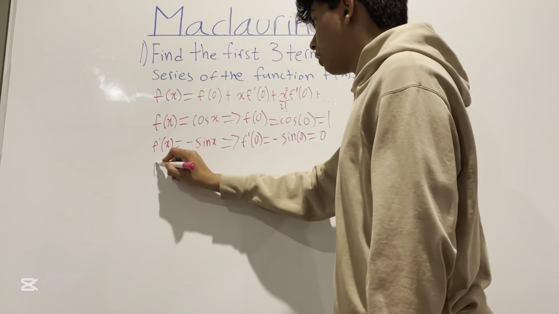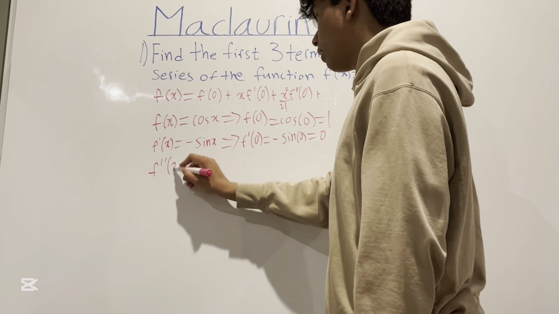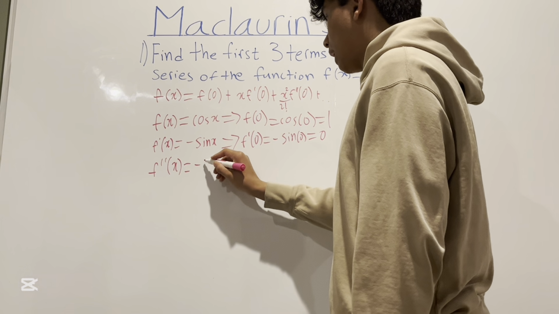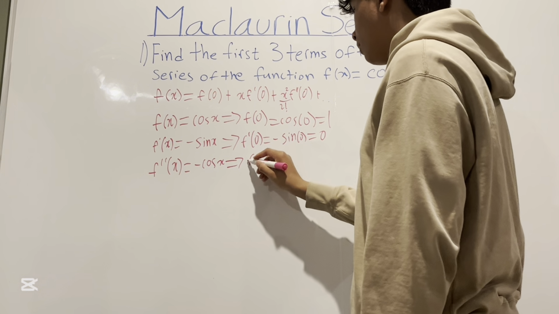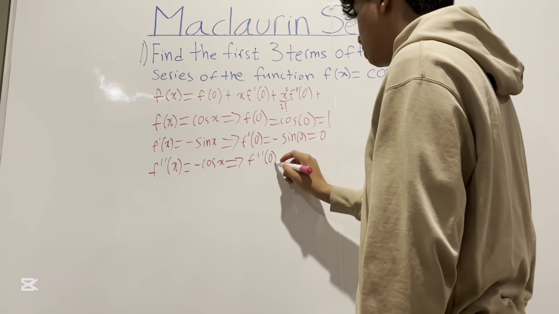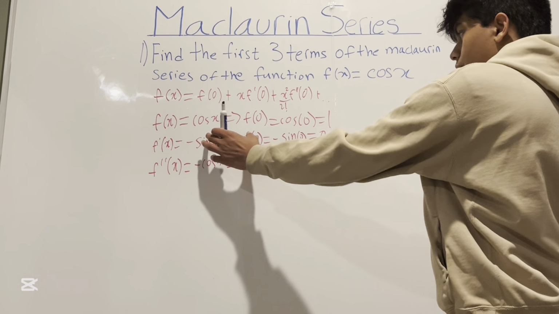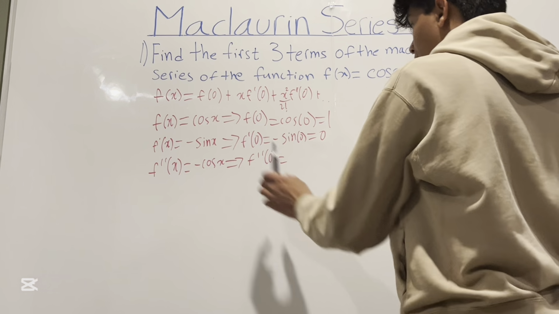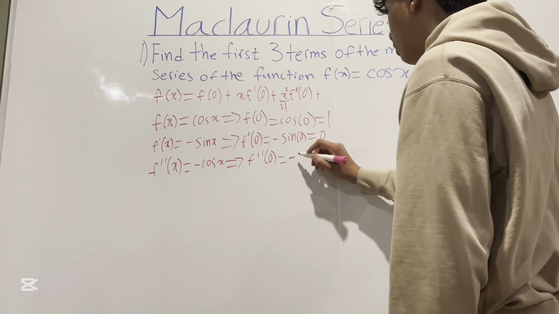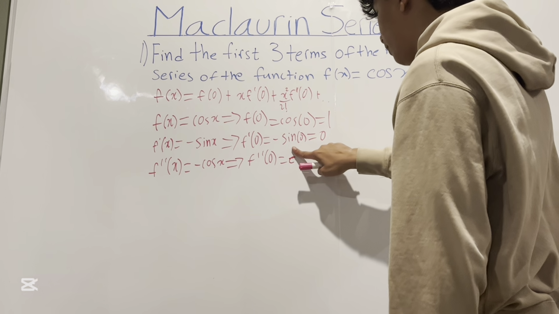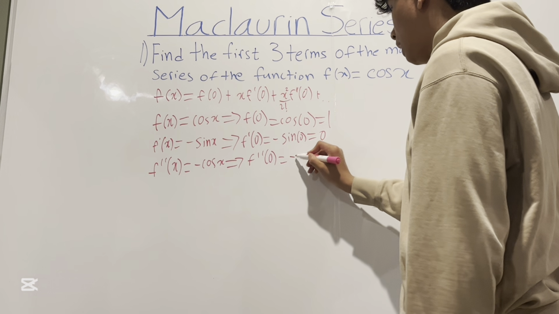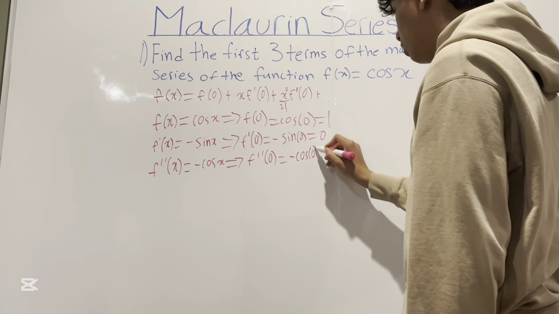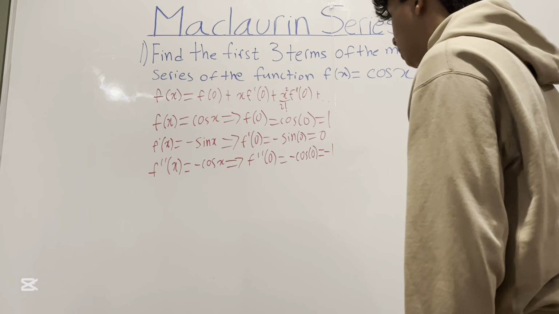And then f double prime of x is equal to negative cosine x. So f double prime of 0 is equal to negative cosine 0, and we know cosine 0 is 1, so negative cosine 0 is equal to negative 1.